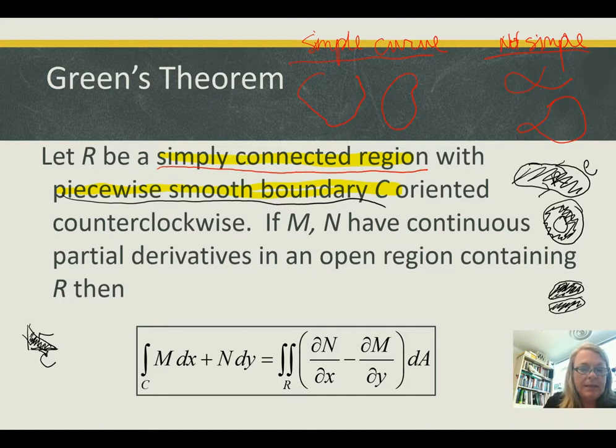Now, the second assumption with Green's theorem is that the functions M and N have continuous partial derivatives in an open region containing R. If M and N have continuous partial derivatives in an open region containing R, then we can apply Green's theorem.